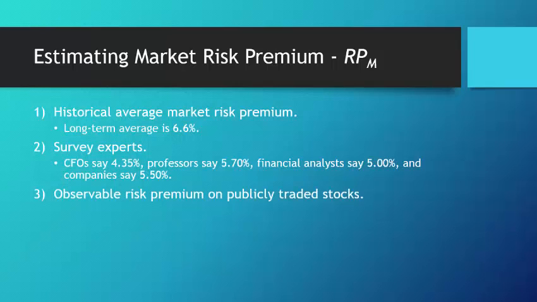Observable risk premium on publicly traded stocks is another possibility, and what I mean by that is actually taking the market risk premium and saying on a whole bunch of stocks, and all we're doing is taking this and guesstimating.